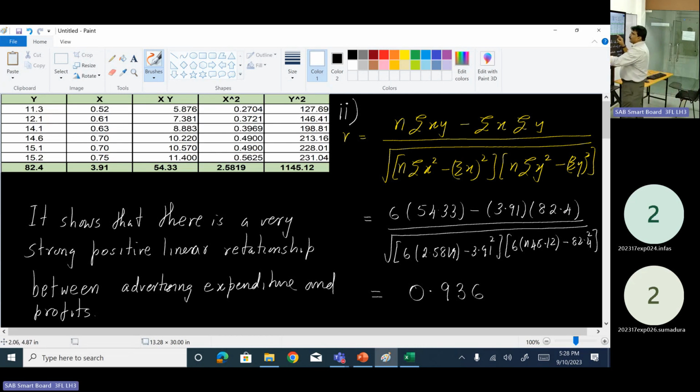Sigma xy 54.3, then sigma x 3.91, sigma y 86.4 over the square root of n, the 6, sigma x squared 2.59, minus sigma x squared, then 6 sigma y squared minus sigma y squared. So you simplify, you get 0.9355 or something, so about 0.94.